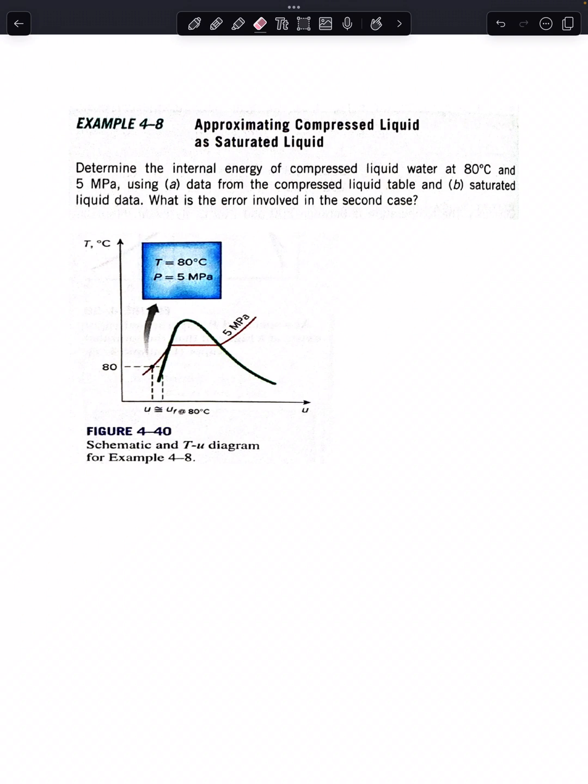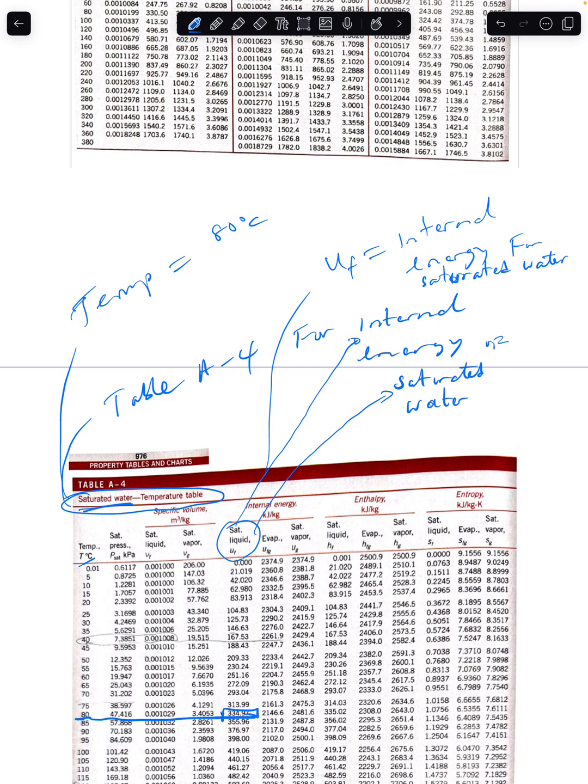I draw my line, and this is the value I have: Uf equals 4.97 kilojoules per kilogram.